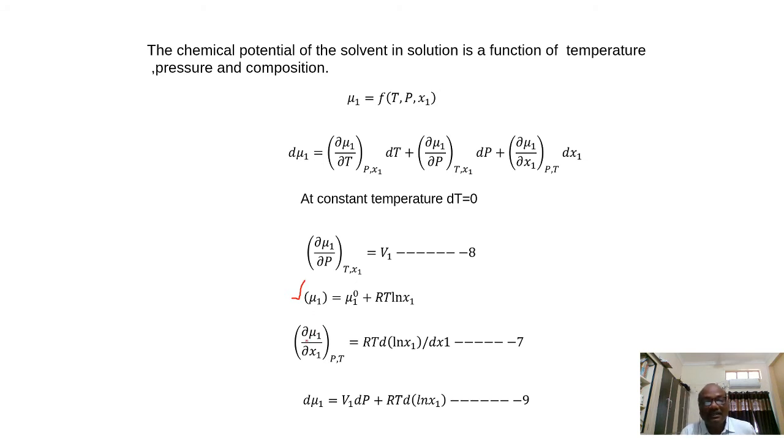So d mu1 by dx1 is equal to, the differentiation of a constant becomes 0, so mu naught 1 vanishes. RT is a constant, so we are left with d by dx1 of RT log x1.